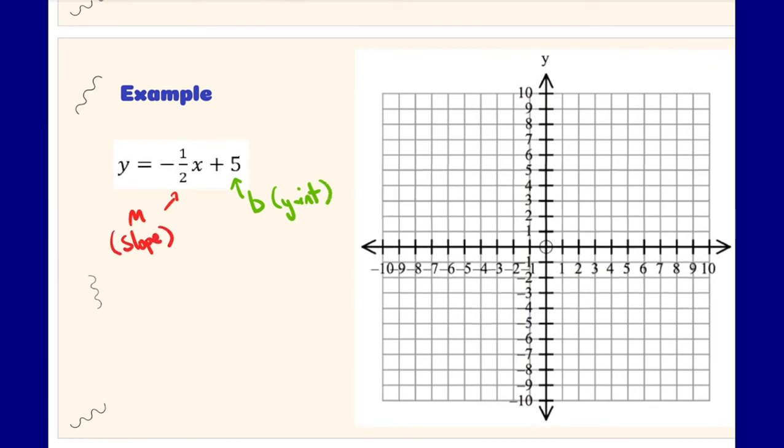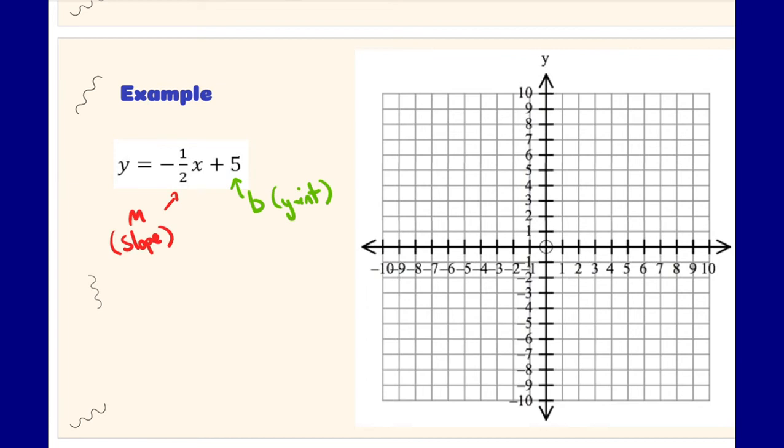If you really wanted to and you didn't know how to graph it straight from the equation, you could create a table of values, plug in various values for x, 0, 1, 2, 3, 4, and so on, to find values for y and then graph them. But that would require more work. So we just want to learn how to go from the equation to the graph.